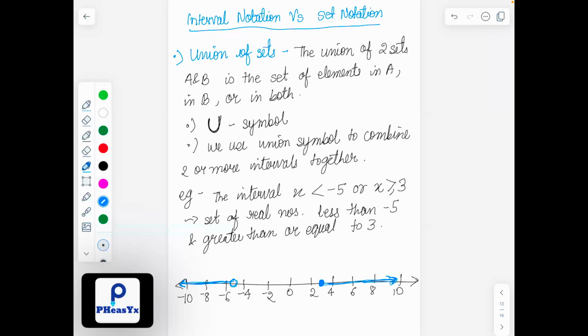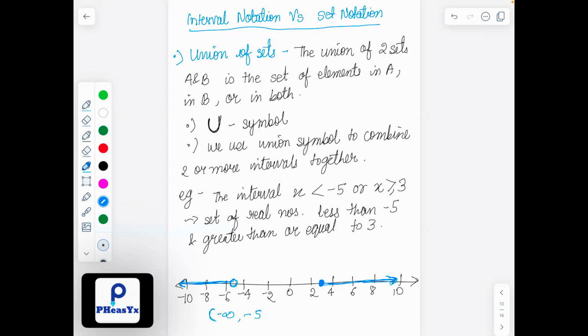So how will we write this union concept in interval notation? See, minus infinity to -5.